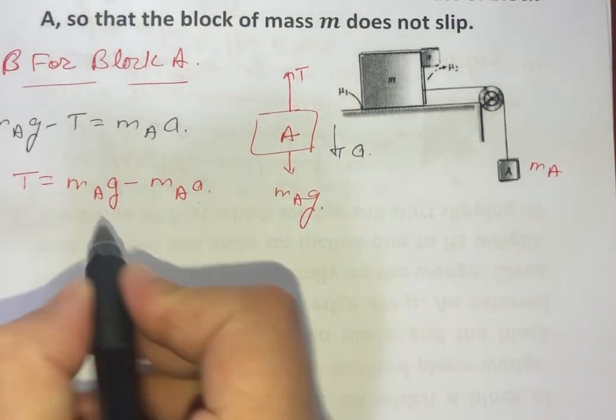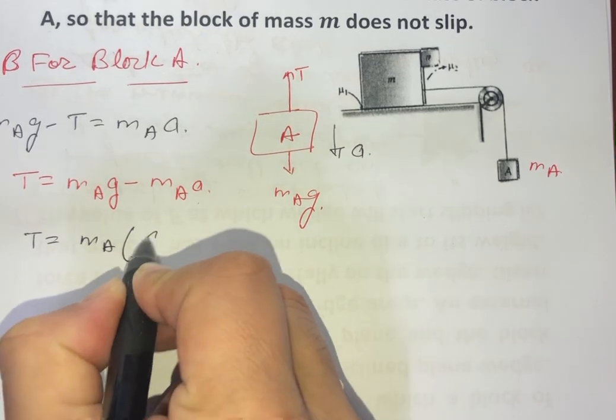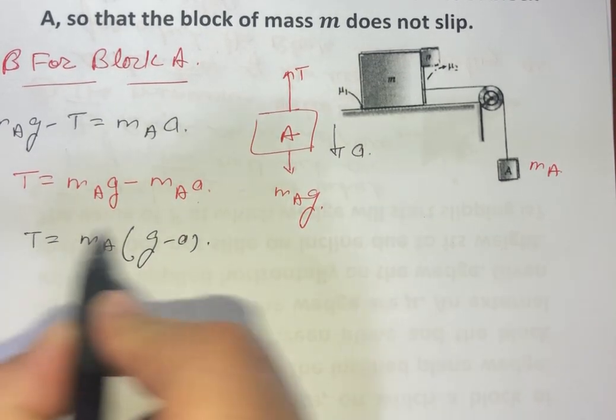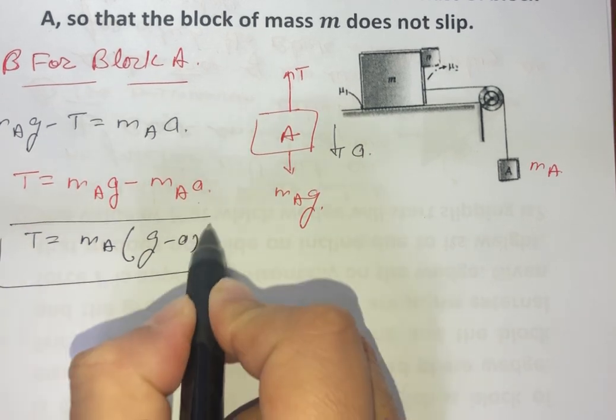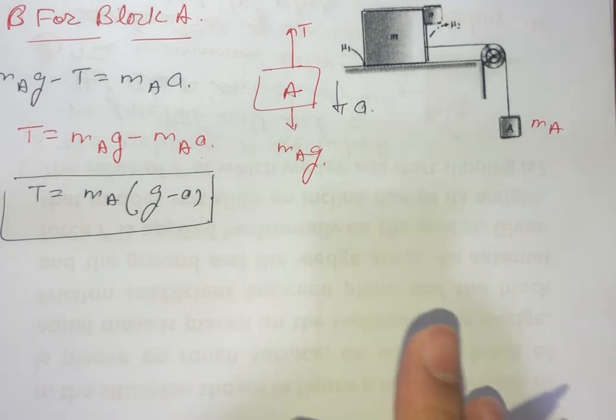Taking MA as common, we get tension T is equal to MA times (G minus A). Okay, so this is the equation for tension for block A.